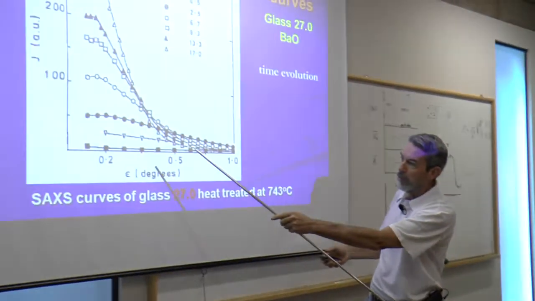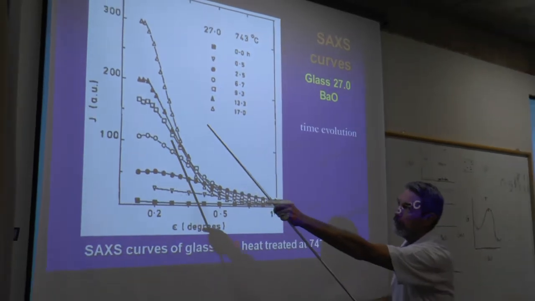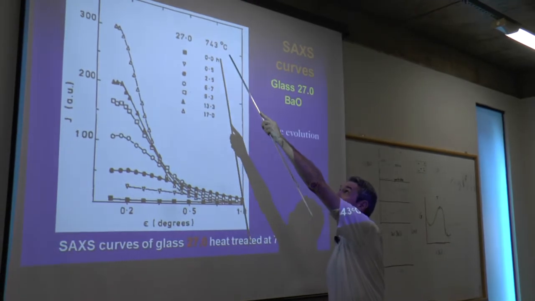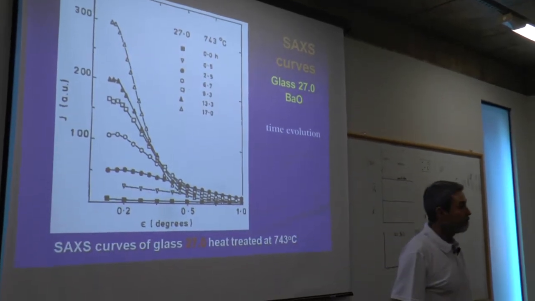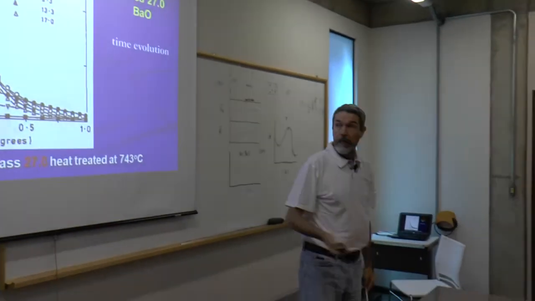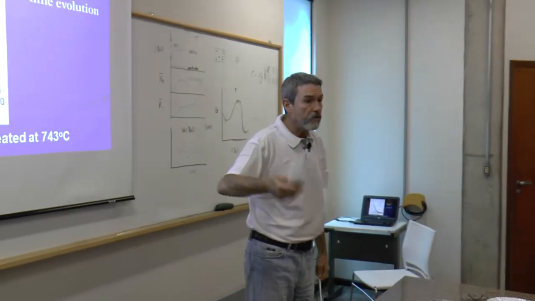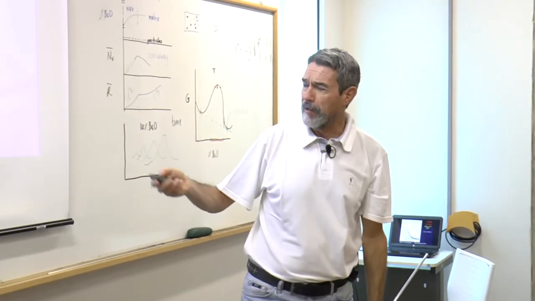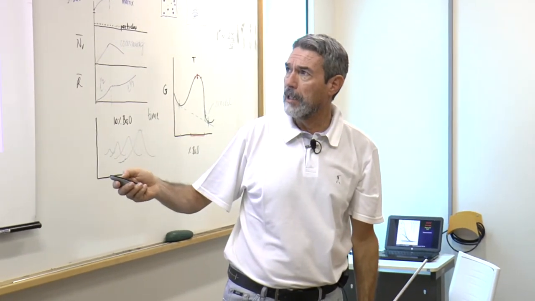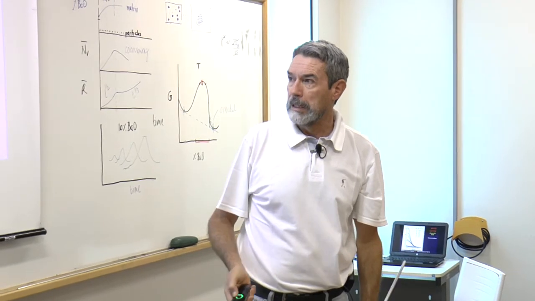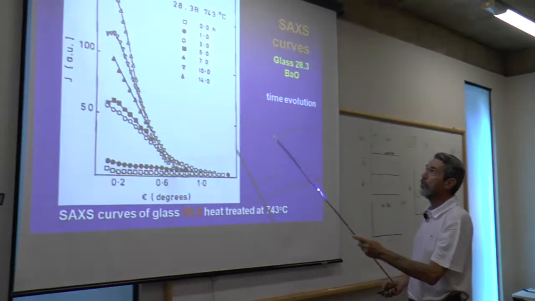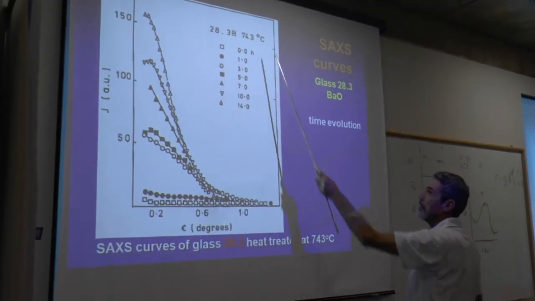So this is a way to follow the development of liquid phase separation by heat treating several samples. And this was done in a synchrotron laboratory just to increase the intensity of the scattering, but it can also be done in a normal X-ray diffraction unit with small angle facilities. This is just another glass at the same temperature.